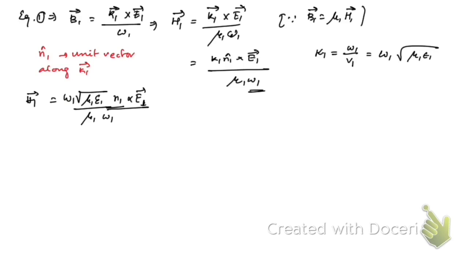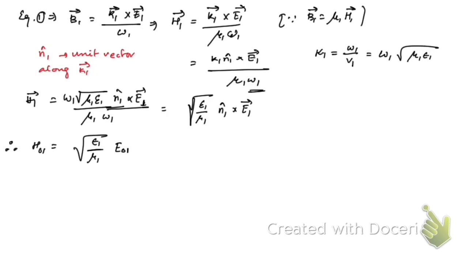So this gives you root over epsilon 1 by mu 1 n1 cap cross E1 vector. Therefore we can write the amplitude H01 as equal to root over epsilon 1 by mu 1, and then here again the amplitude of the E vector, that is E01.